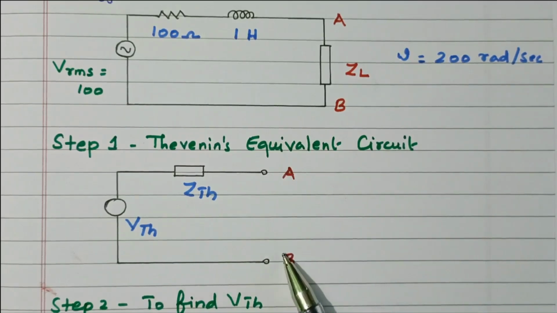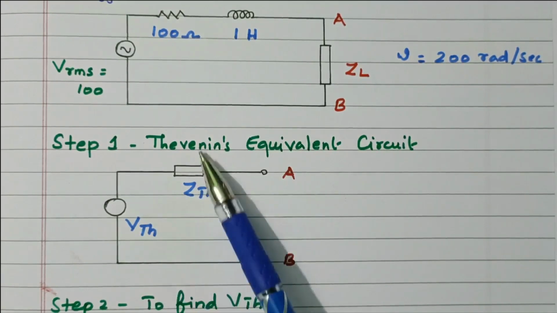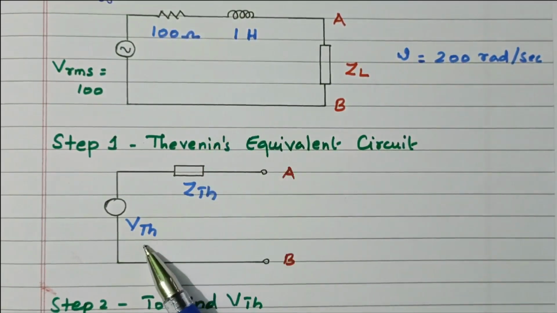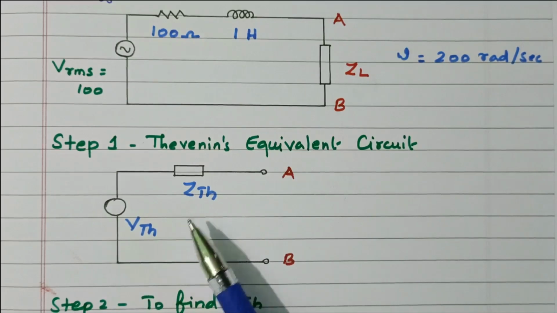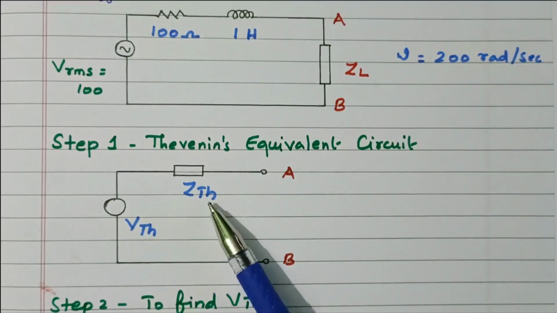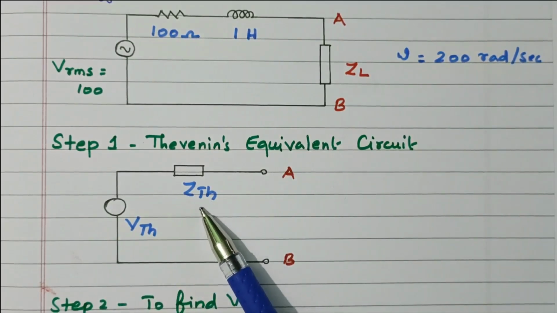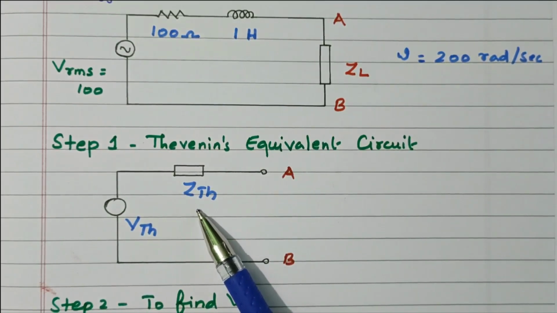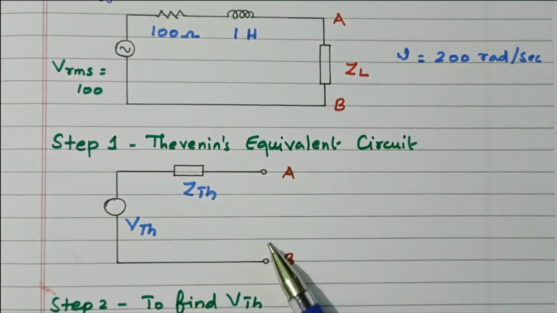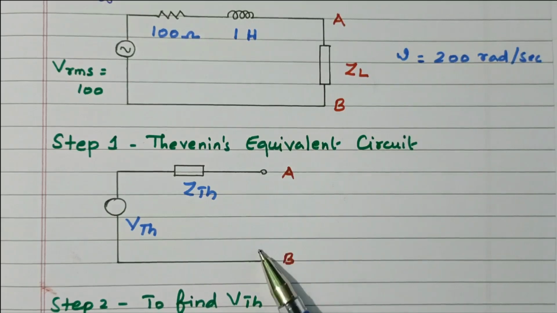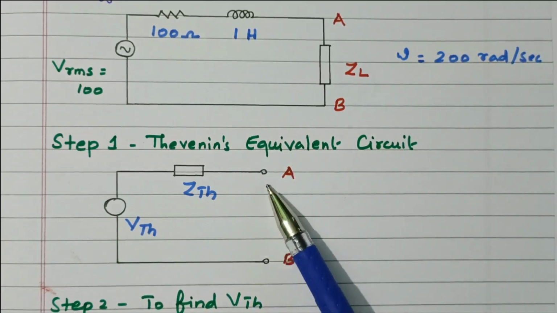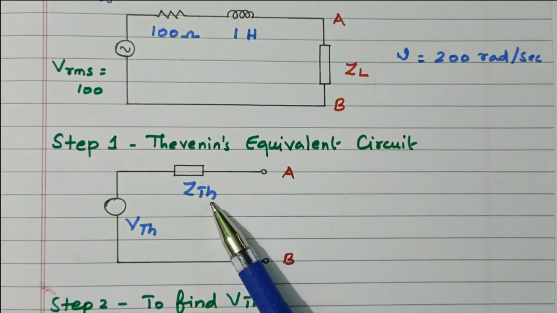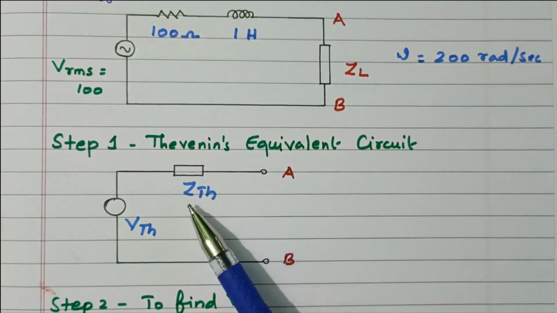Then the load terminal. What is the advantage of the Thevenin equivalent circuit? A complicated circuit is simplified to only one voltage source and one impedance. This impedance is the internal impedance. The condition for maximum power is that the internal impedance equals the load impedance, so ZL equals ZTH.